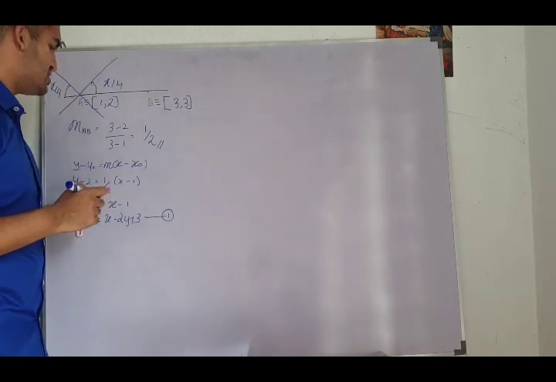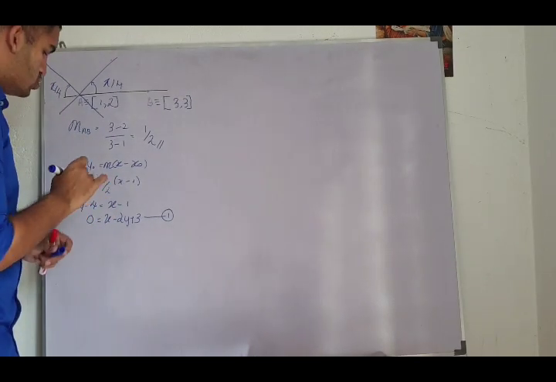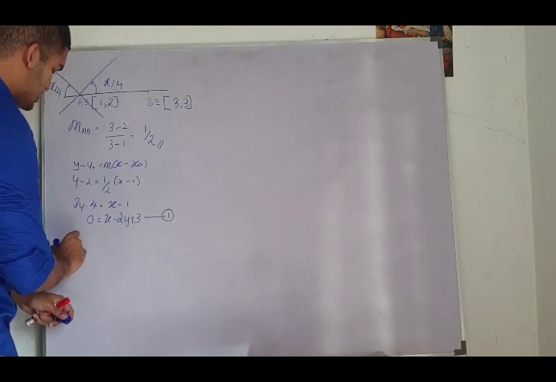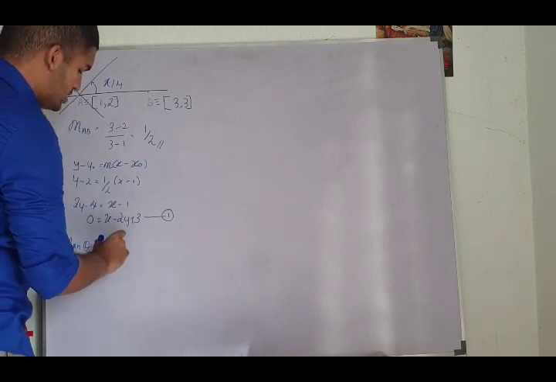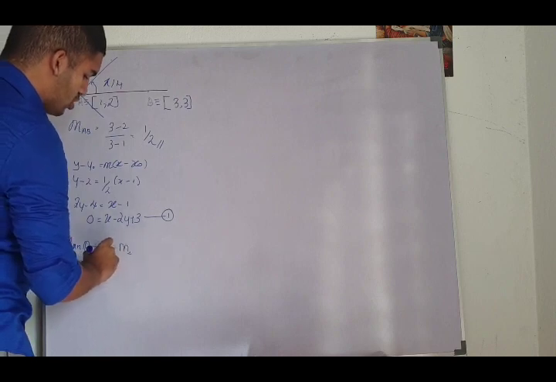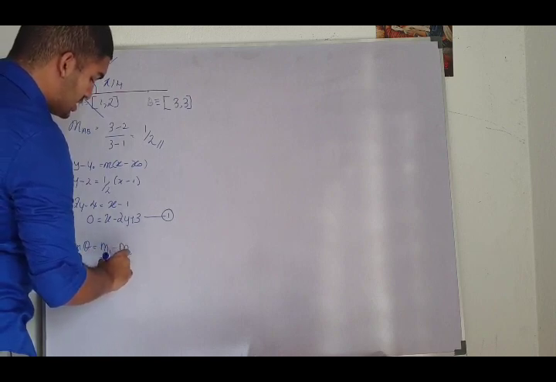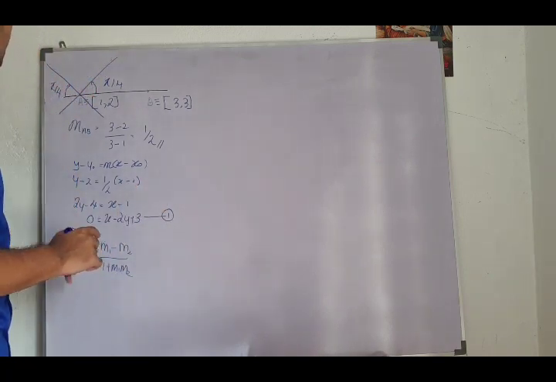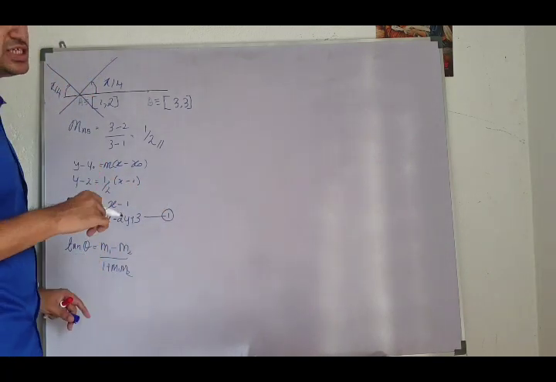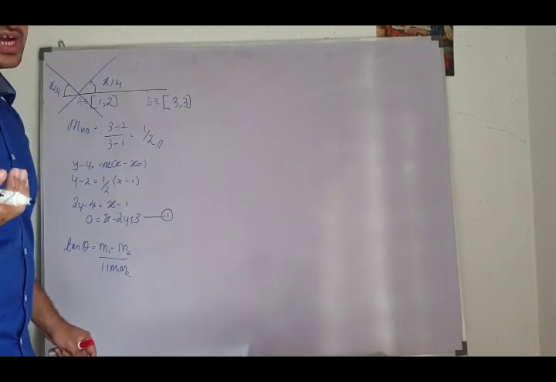And how to find this? This is how you find it. You use the simple equation: tan theta is equal to the modulus of m1 minus m2 over 1 plus m1 m2. Tan theta is given, theta is given as pi by 4, or 45 degrees.